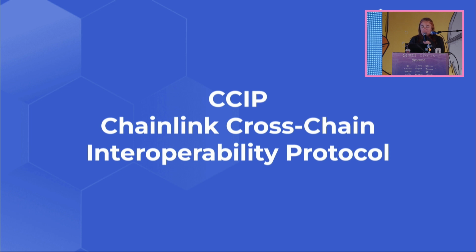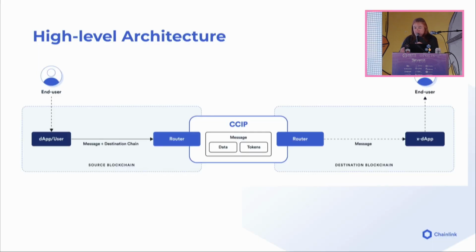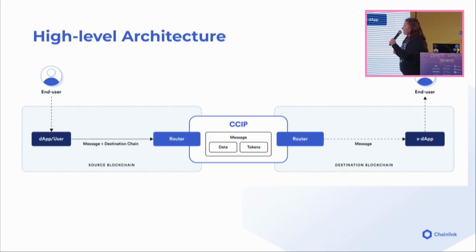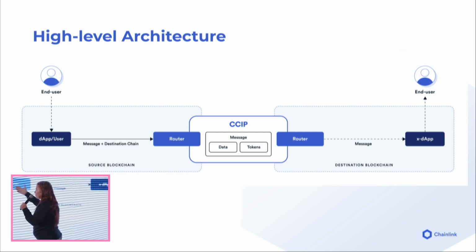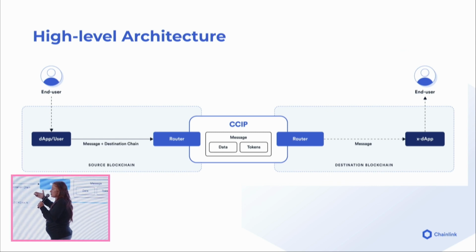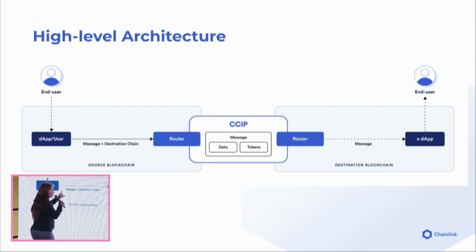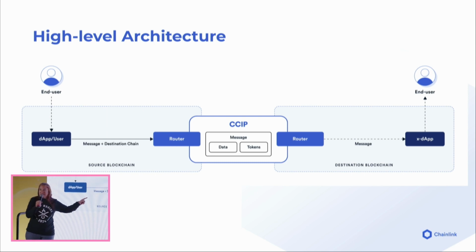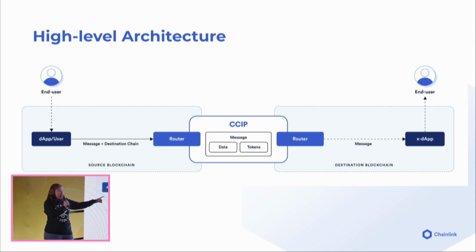Let's talk about CCIP. At a high level, you are the end user and you have your application. Your application communicates with the CCIP router, and the CCIP router is a smart contract. On the source blockchain, you must say what message you'd like to send to the other blockchain, and what the destination chain is.